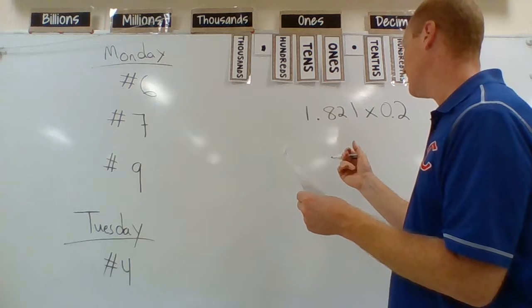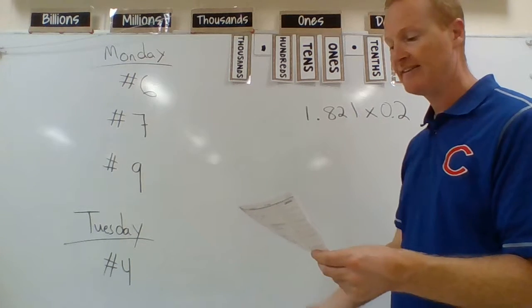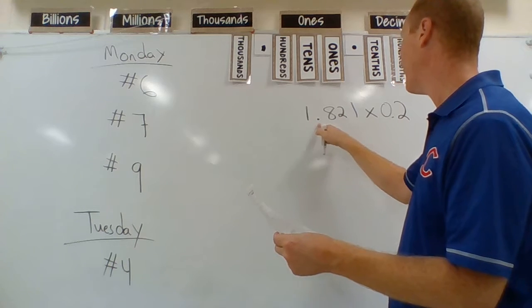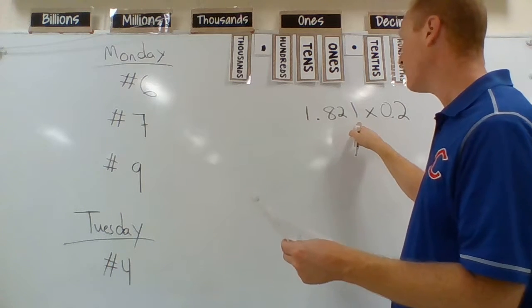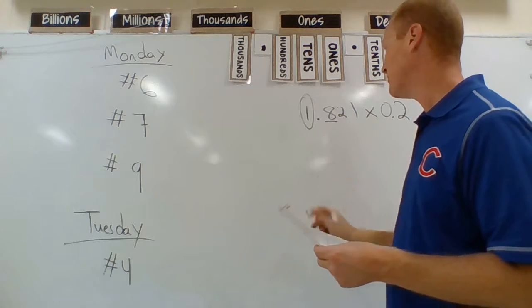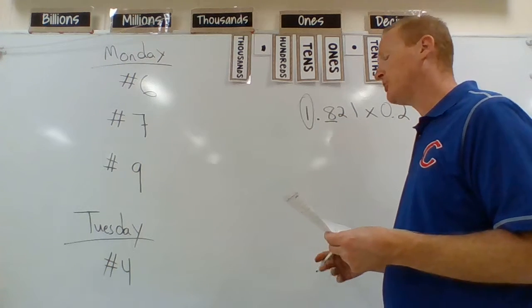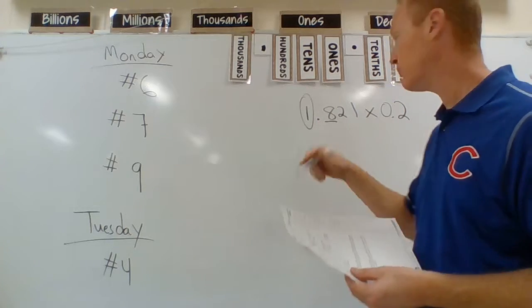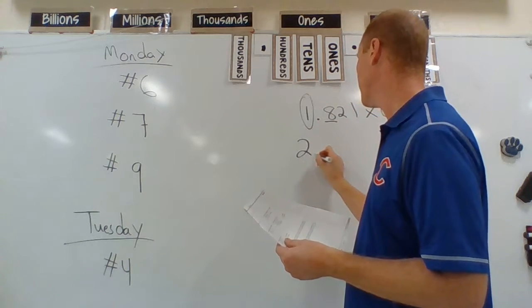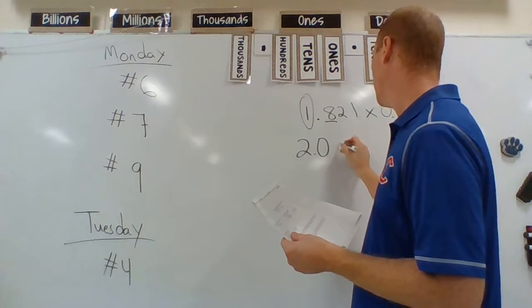Again, what we're doing here is rounding because it's asking us to estimate. If I round 1.821 to the nearest whole number, I'm looking at the 1, and I'm looking at the 8 to tell me what to do with the 1. Because 8 is 5 or above, we're going to round up the 1 to a 2. It becomes 2 or 2.0.